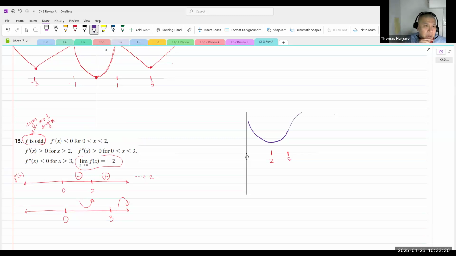I need to be very careful here. Oh, see, concave down, but it will go to -2, huh? So, you know what? Let me pick this guy here and drop it down. And pick this guy here, drop it down.